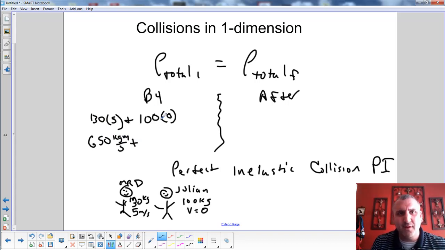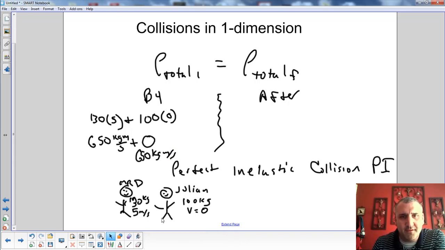And Julian, 100 times 0, he's not moving, so he has a momentum of 0 before I run into him. So my initial momentum before the collision is 650 kilogram meters per second.